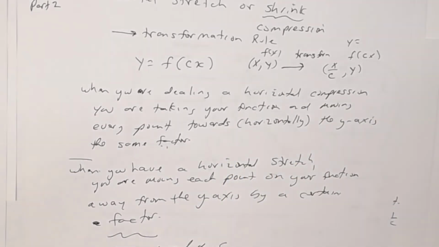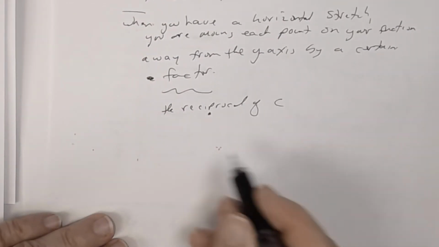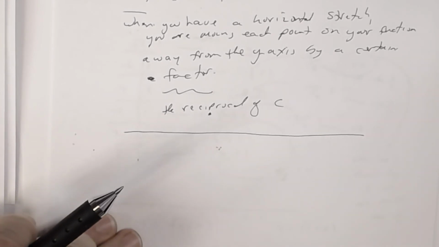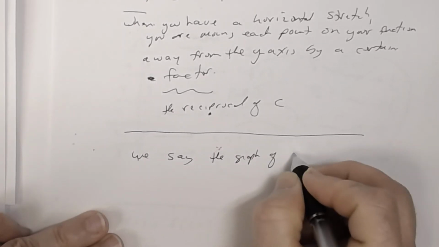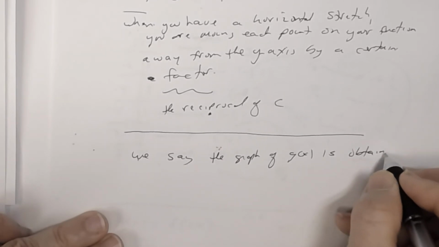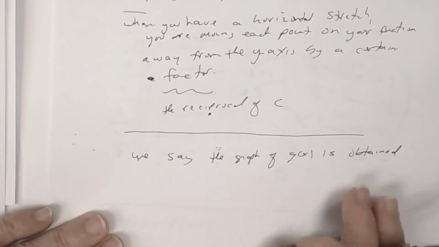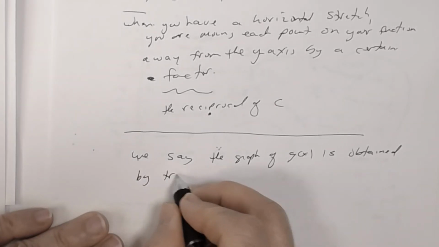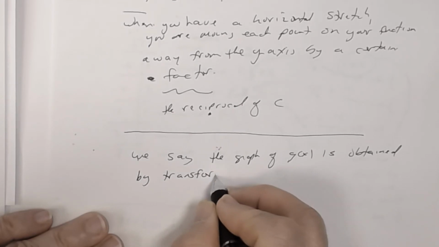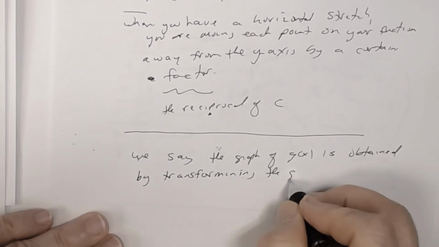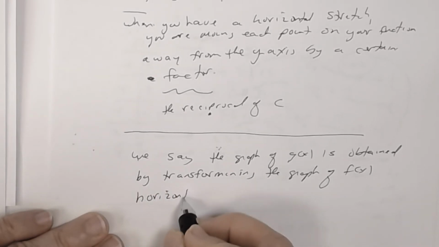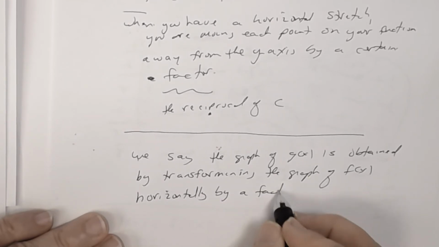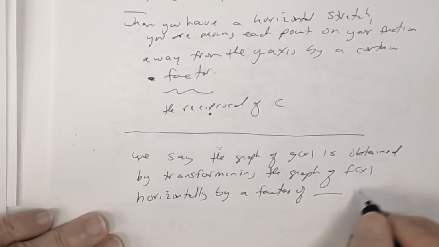All right. Now here's what we say. Whether we move horizontally by a stretch or a shrink, we say this: the graph of g of x is obtained, whether it's g of x or h of x, doesn't matter, by transforming the graph of f of x horizontally by a factor of, and remember, you always take the reciprocal of c.